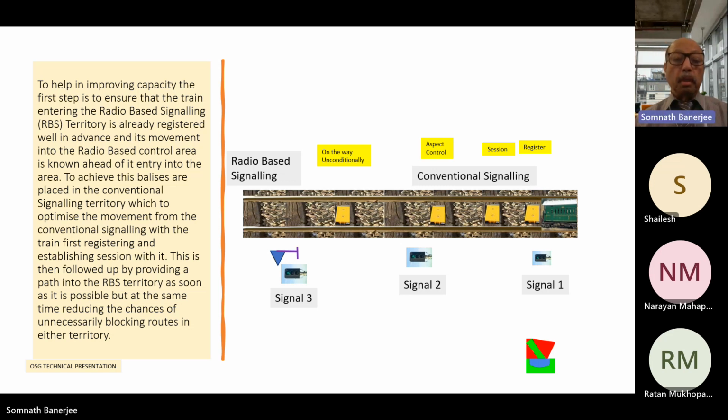So it should be ensured that the route setting of the transition border is taken up well in time to ensure that when the train reaches or sees signal 2, it is already available, and if it is free, then it should be able to show a green aspect and the travel right into the radio based signaling can go unhampered without any restriction to the train speed.